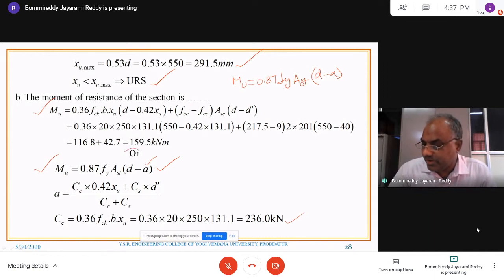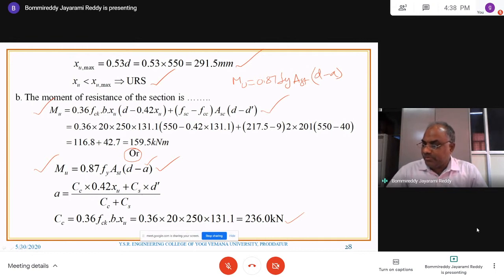So the problem can be solved by using this equation directly, whether it is under reinforced or over reinforced. Even for over reinforced this can be used. So it is involving some calculation. It may take some time.